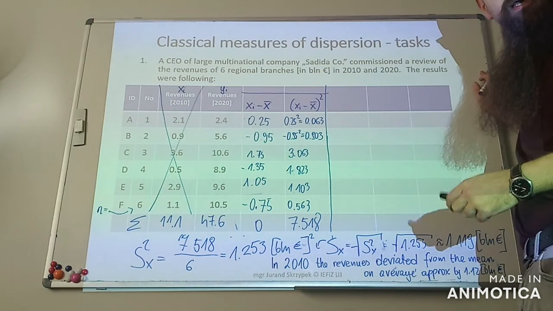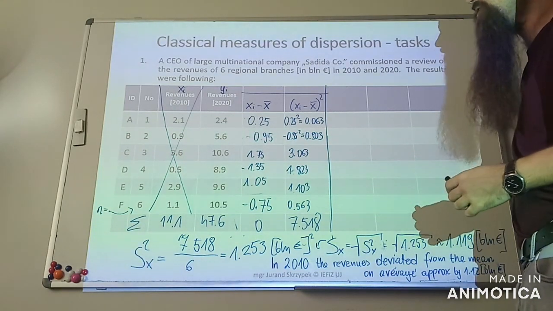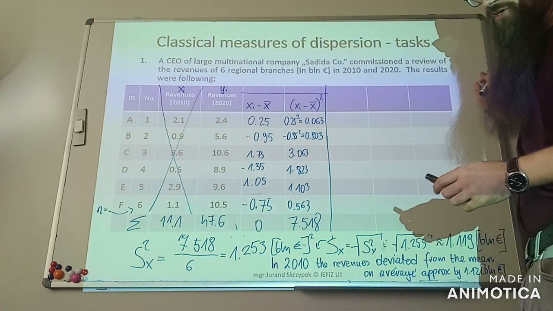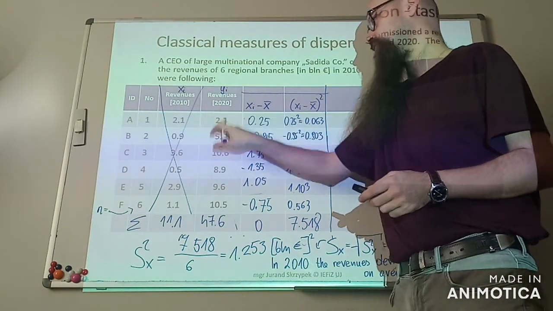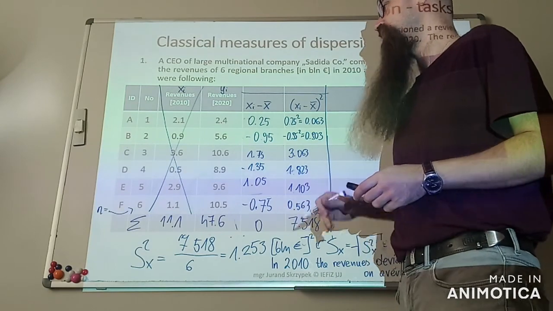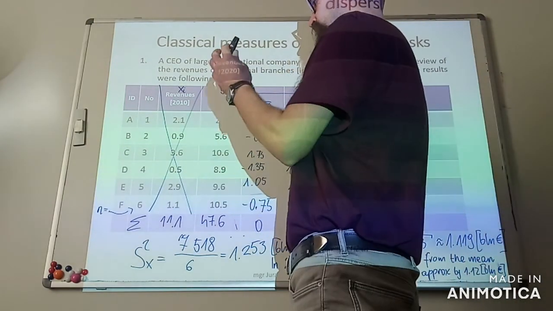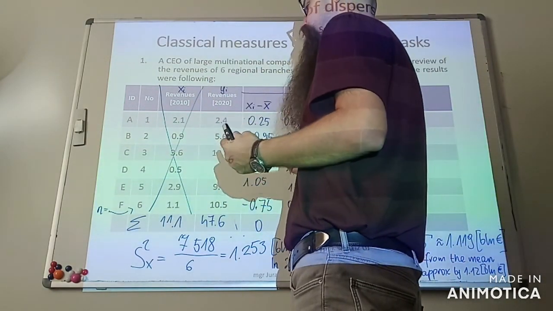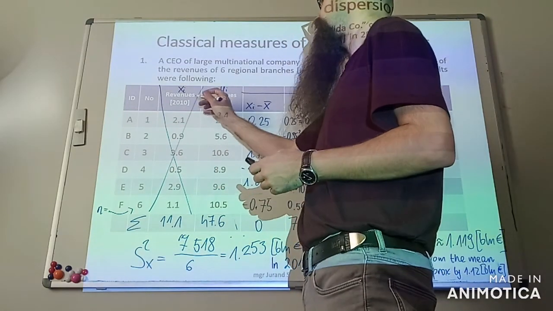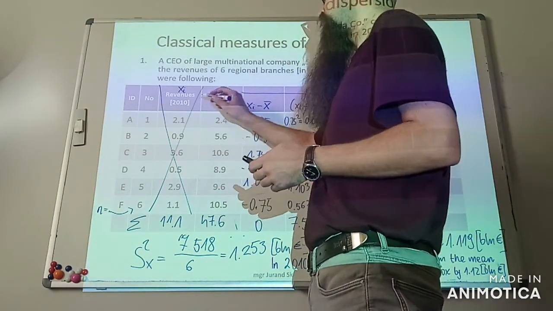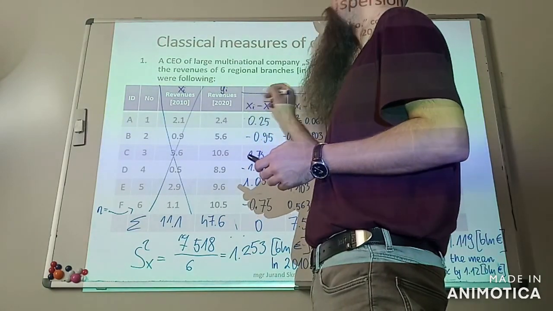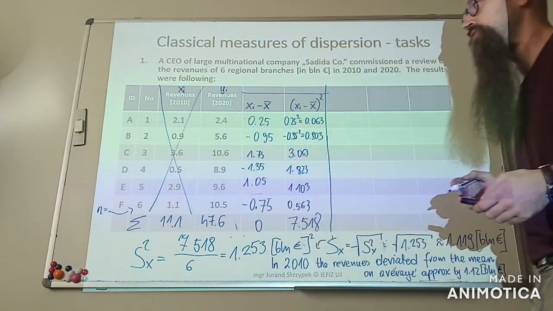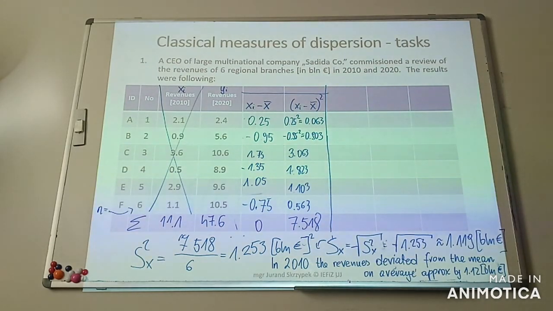Okay, and now I will try to compute the variance and the standard deviation of the revenues from 2020. So now I change the object of my interest from the revenues in 2010 to revenues from the year 2020.